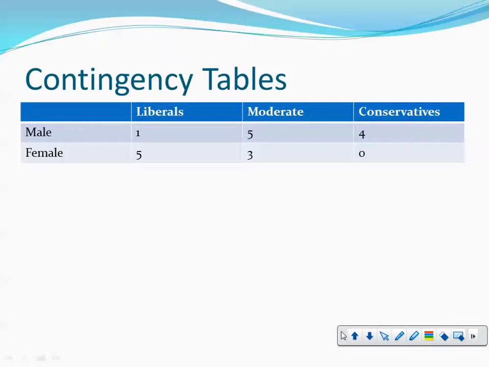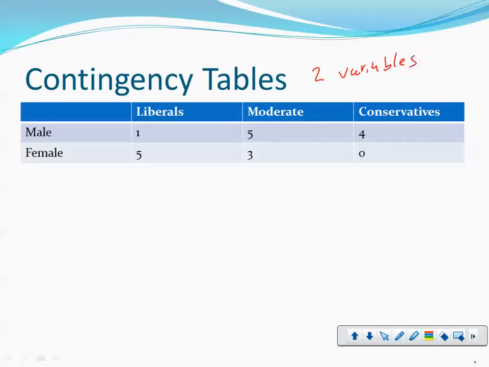This is a contingency table. In a contingency table, we have our margins along the side, which typically tell us what the categories are. What I want to note is that a contingency table is two variables.